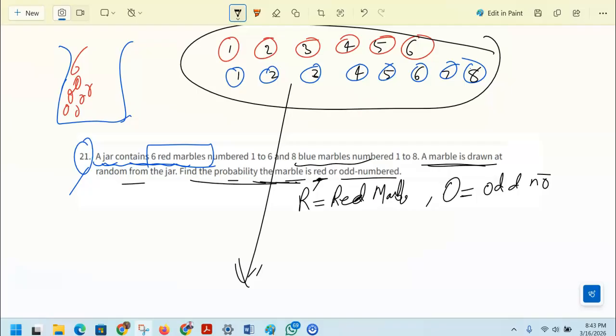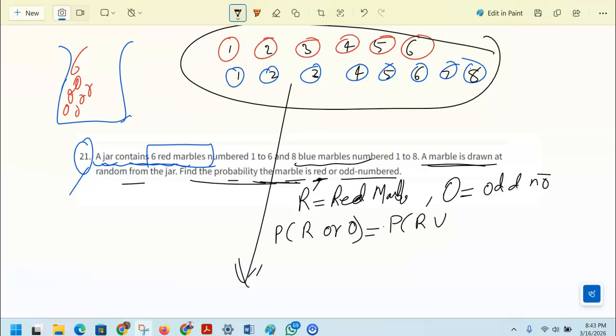Now we want to know the probability that either the marble is red or odd. This means it is red union odd, at least one of them.